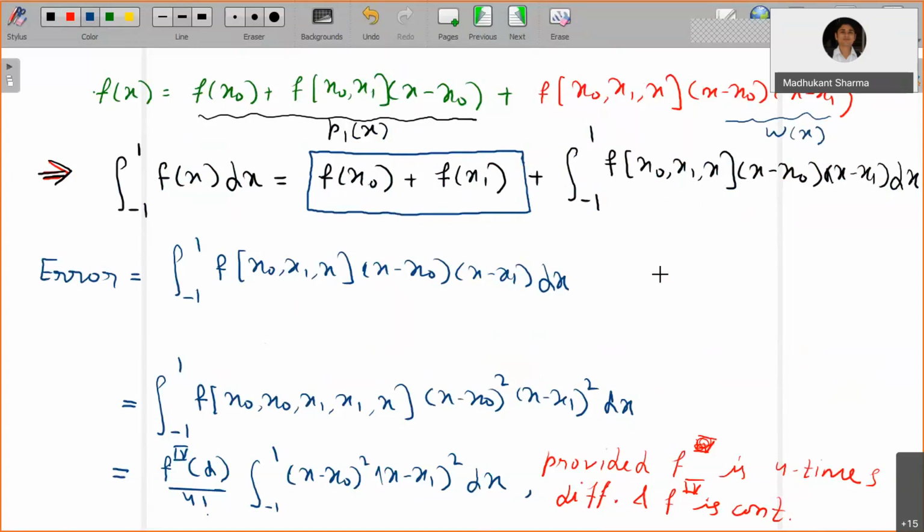Now, note that you have chosen x naught and x1 in such a fashion that this w of x is orthogonal.